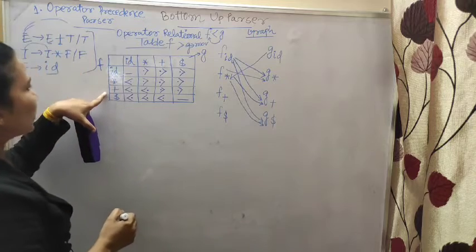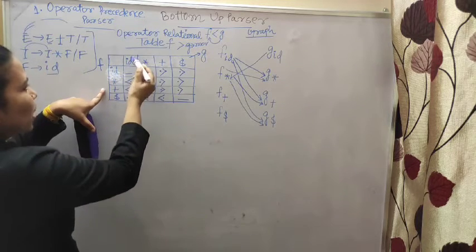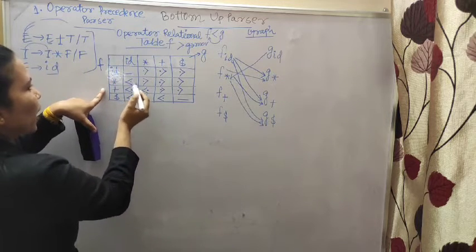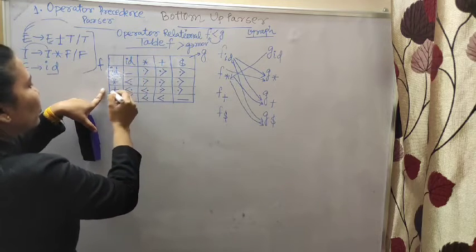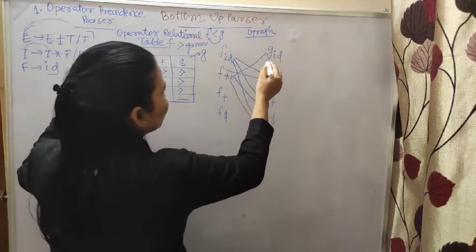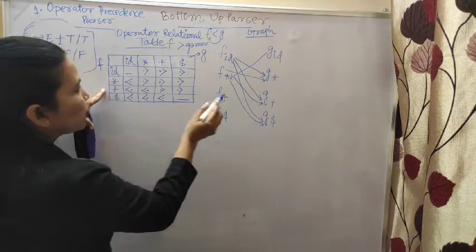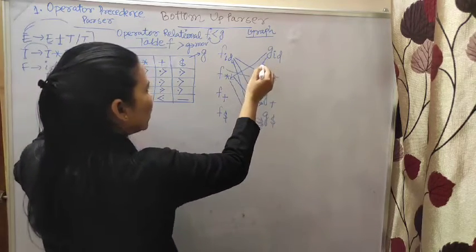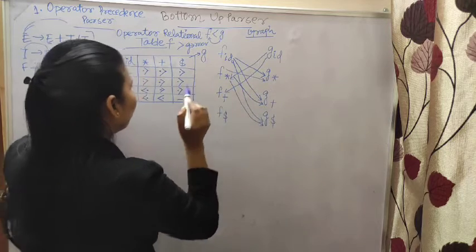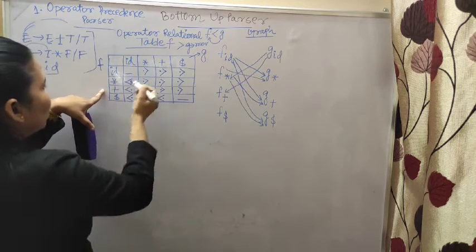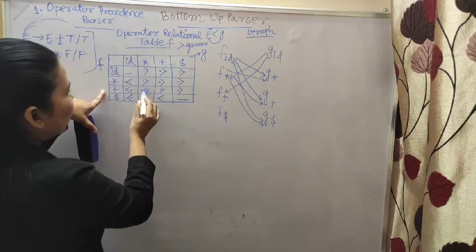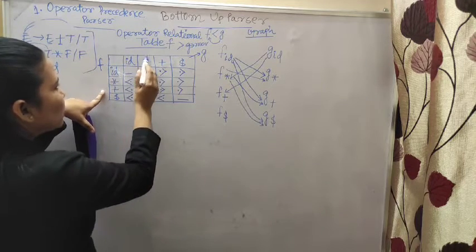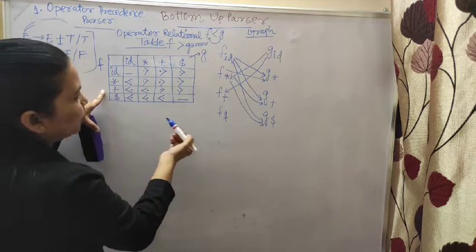Now we check F plus and ID. What is given? The ID side moves, so GID will come to F plus. Now F plus and G star: again it is less than, so G star will come to F plus.